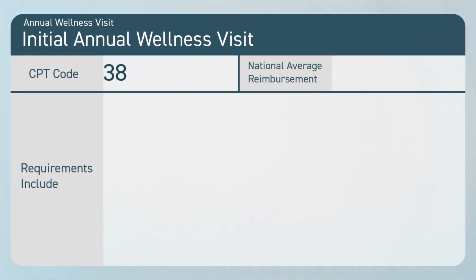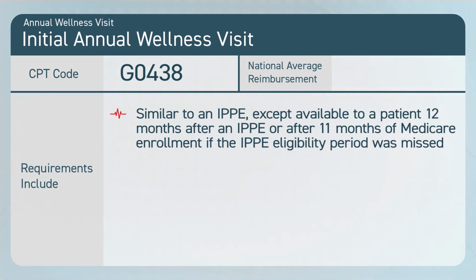The next visit is the initial annual wellness visit, and its billing code is G0438. The initial AWV is practically identical to an IPPE, except for when it is available to the patient and when billing can occur. The initial AWV can only be done 12 months after an IPPE or after 11 months of Medicare enrollment if the patient misses the eligibility window for the IPPE.